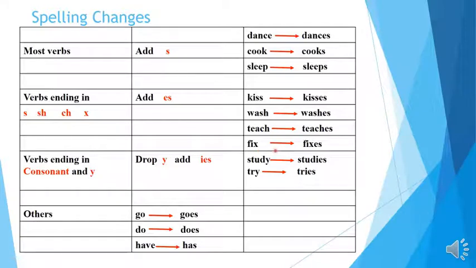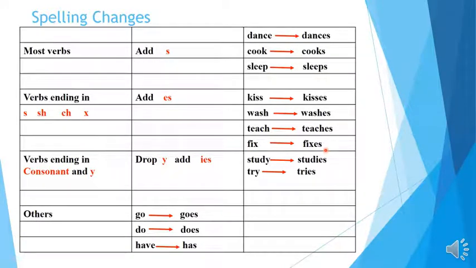Fix, fixes. Again, let's talk about that. Verbs ending in s, like kiss, kisses. Verbs ending in sh, like wash, becomes washes. Verbs ending in ch, like teach, teaches. Catch, catches. Verbs ending in x, fix, fixes.